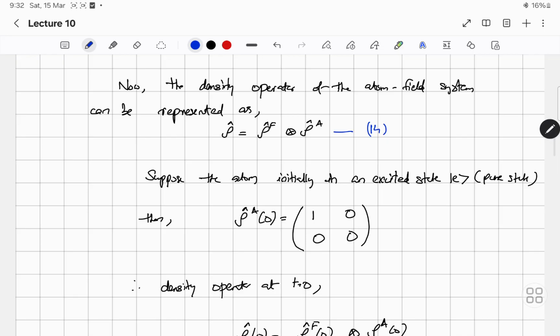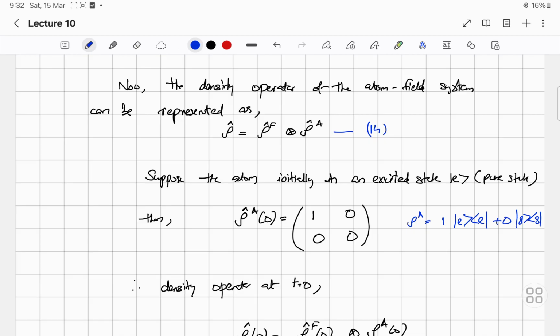Now suppose the atom is initially in the excited state, then the density operator for the atom is simply 1|e⟩⟨e| plus 0|g⟩⟨g|, because the atom is already in the excited state, so there is no probability for the ground state.